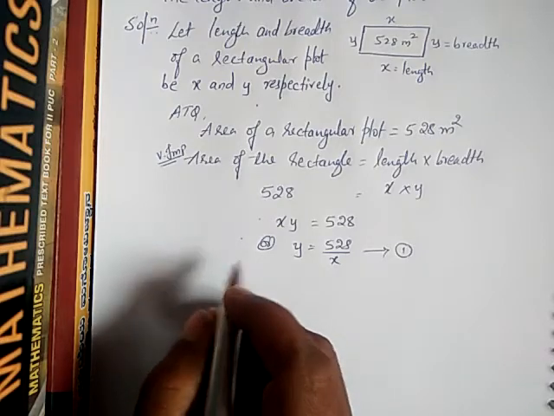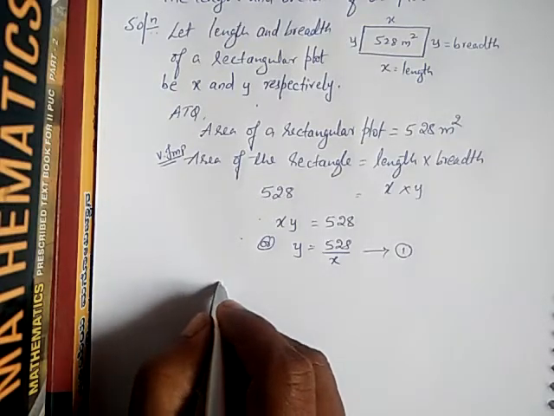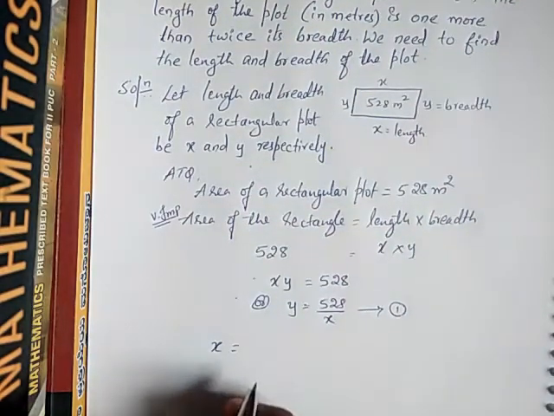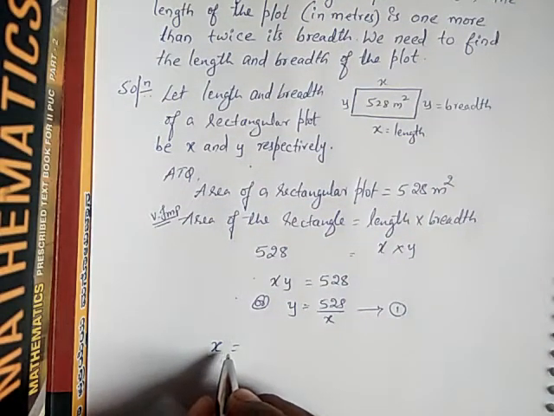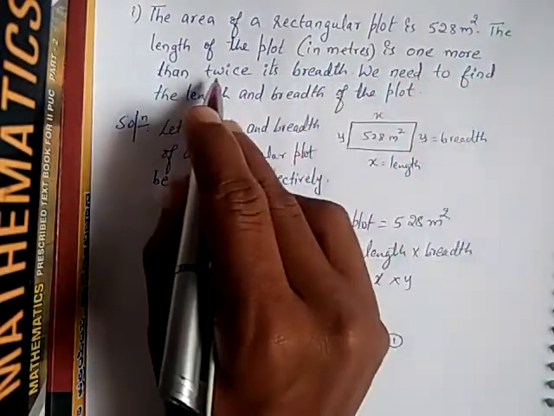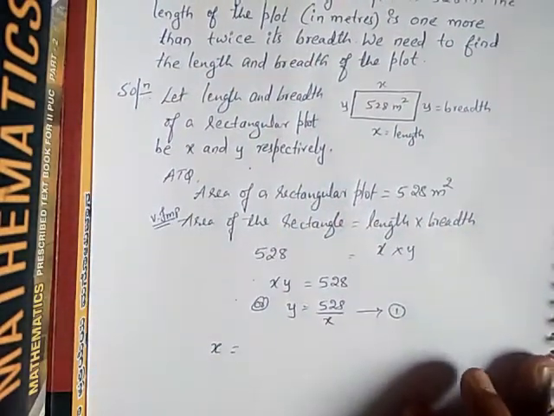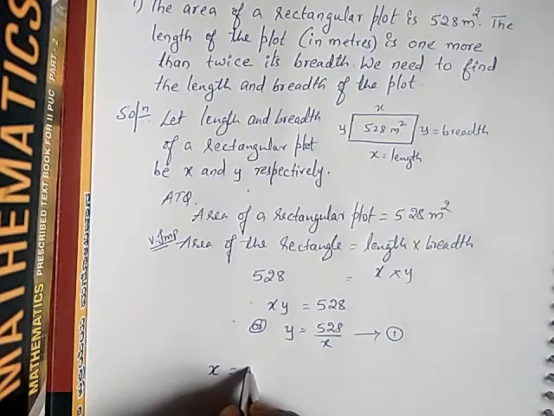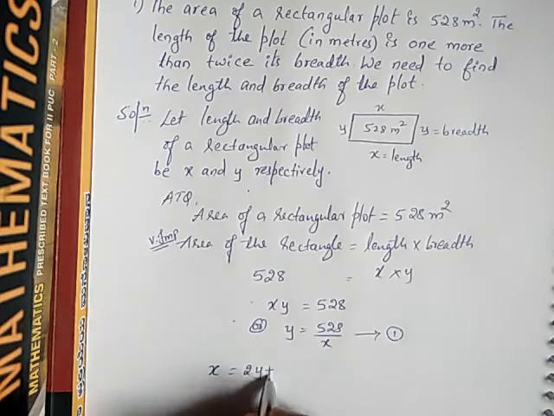Again, according to the question, what is the length here? Length is equal to x, which is given as one more than twice its breadth. So length is equal to 2 times the breadth plus 1.